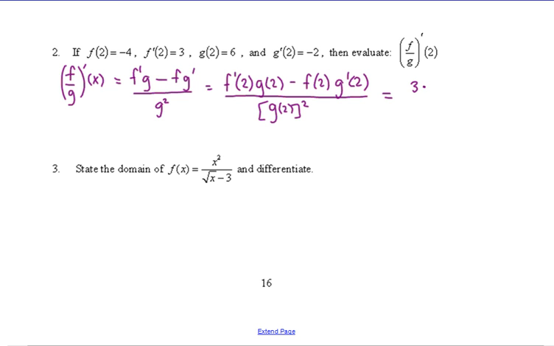So 3 times, what's g of 2? 6. Minus, what's f of 2? Negative 4 times, what's g prime of 2? Negative 2, all over what squared? 6 squared, g of 2 squared. We have 18 minus 8 all over 36, or 10 over 36, or 5 over 18.